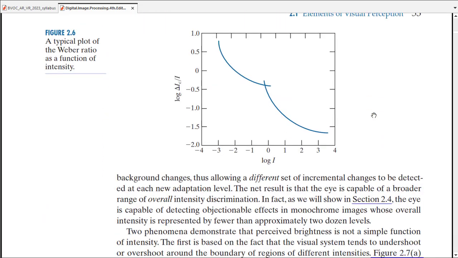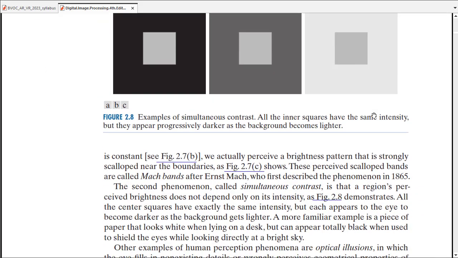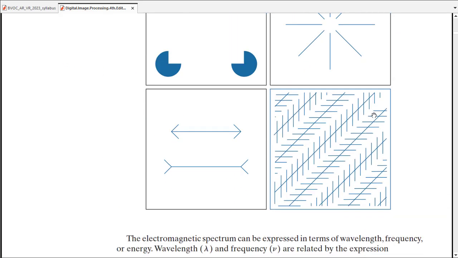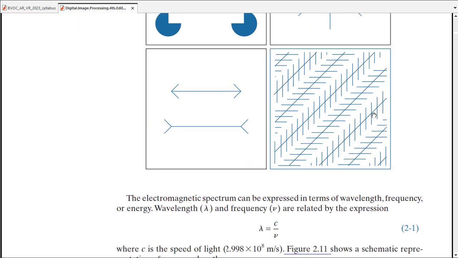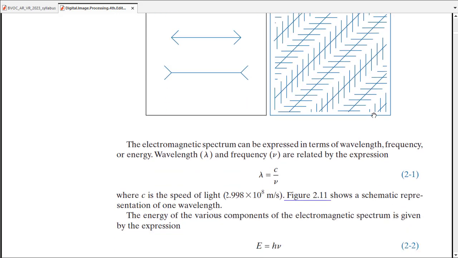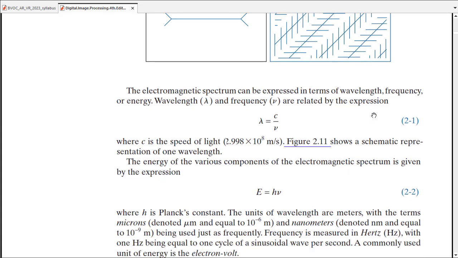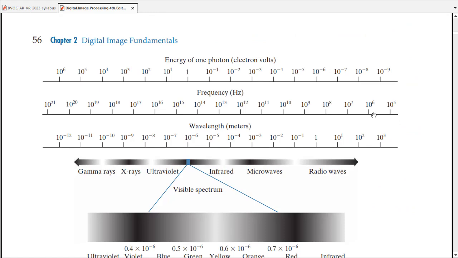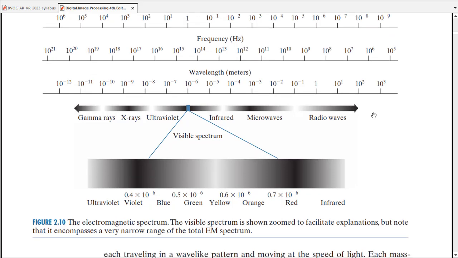So we come to the image sensing area of digital image processing. What is the major role of digital image fundamentals? In light and the electromagnetic spectrum, we already discussed the visible range. The wavelength is lambda and the frequency is nu, with the relationship lambda equals c divided by nu. The energy is expressed as E equals h times nu, in electron volts for each photon.